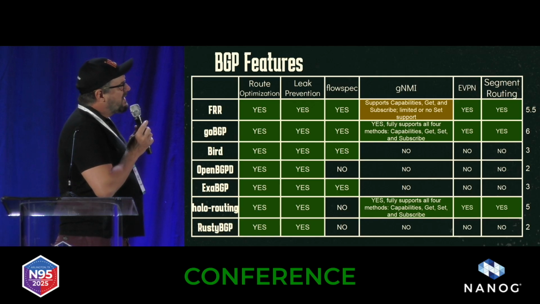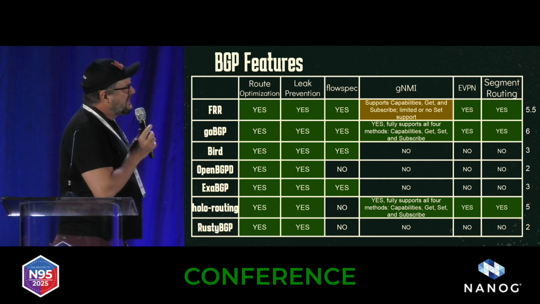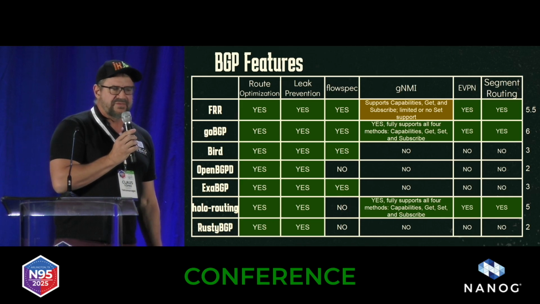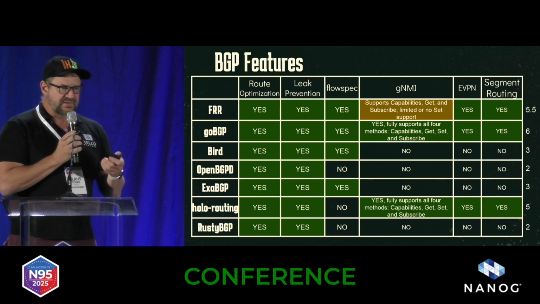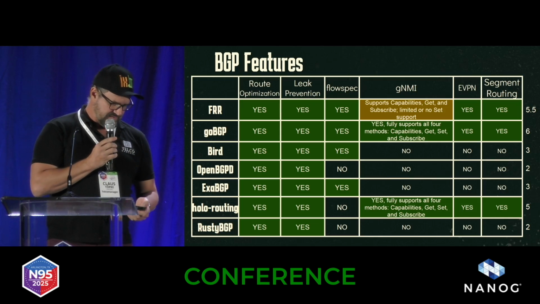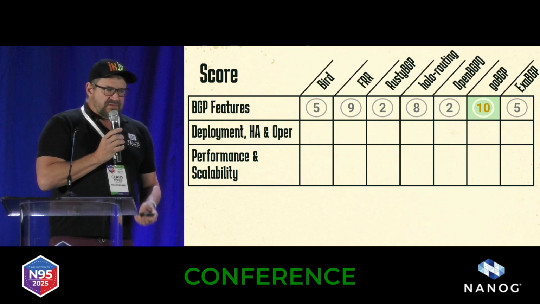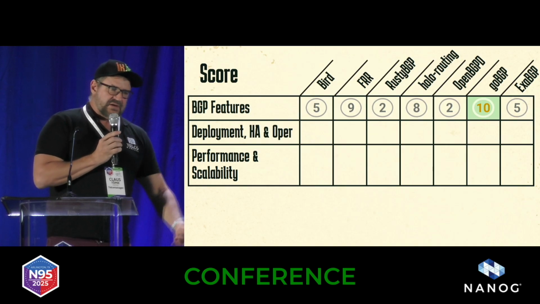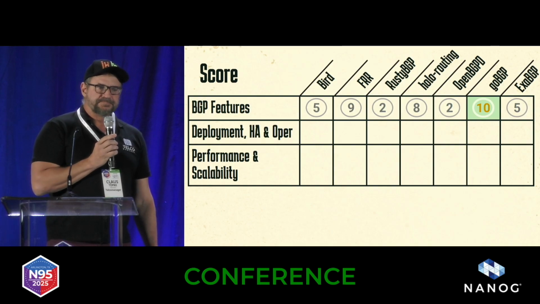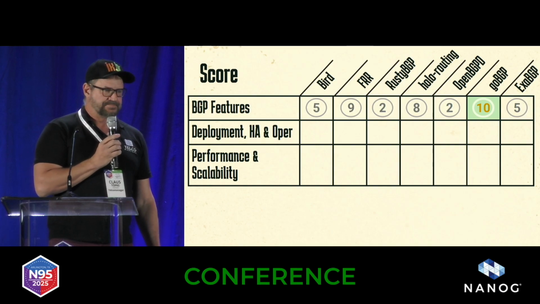Not many have it, just GoBGP and Holo-Routing, and FRR supports it as well. EVPN and segment routing, also not many. So in this score, GoBGP gets most of the points, second is FRR, and then Holo-Routing.